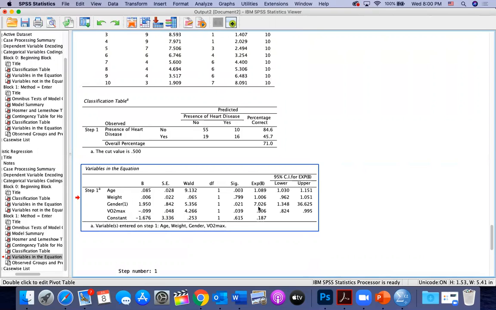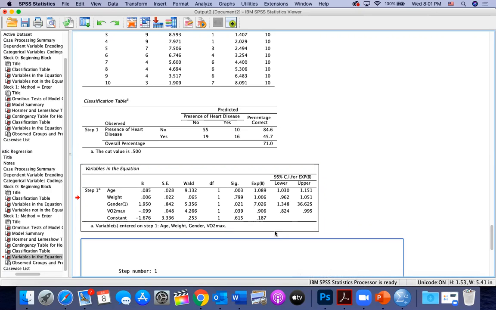We can see that the value here is 7.03. The way of interpreting this result is to say that the odds of having heart disease are 7.03 times greater for males as opposed to females.